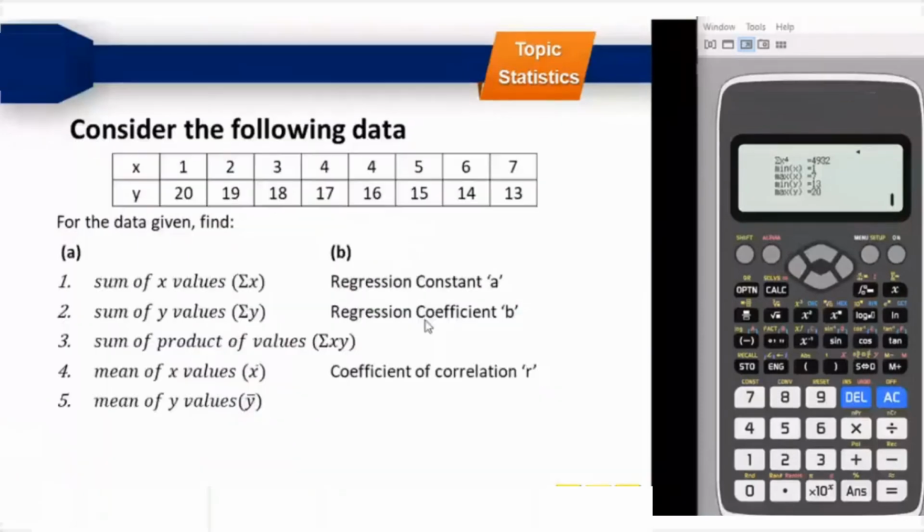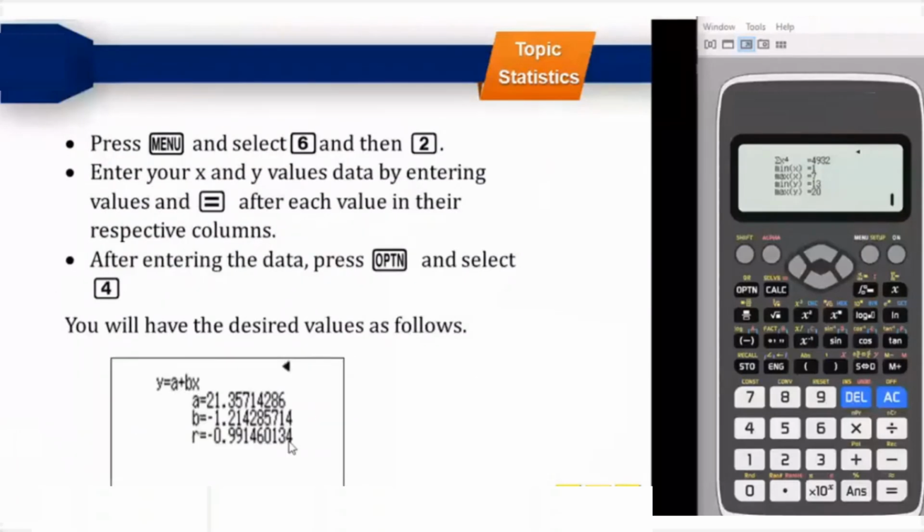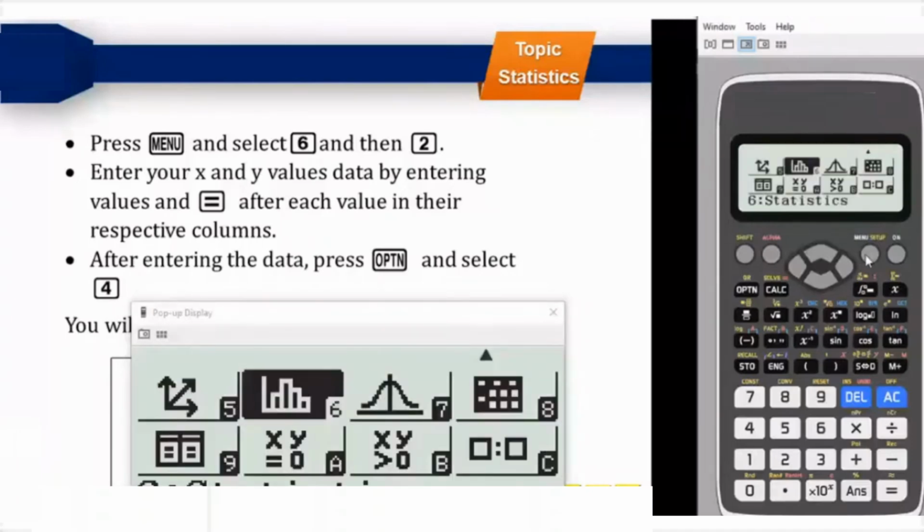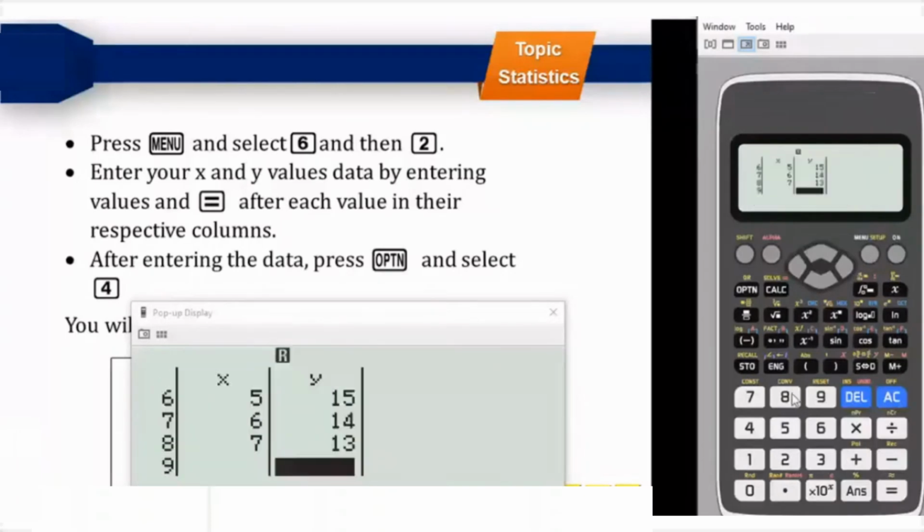In order to do that, I will press menu and 6 and enter all the data, which I have already entered, and then I will press option and press 4 to find the results.